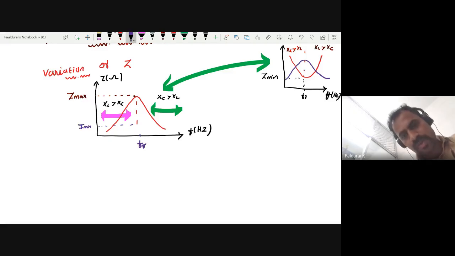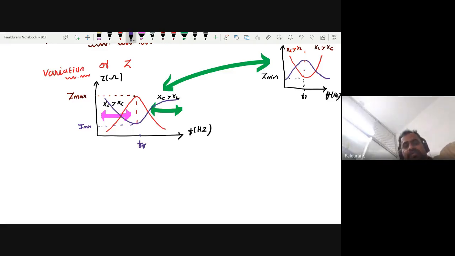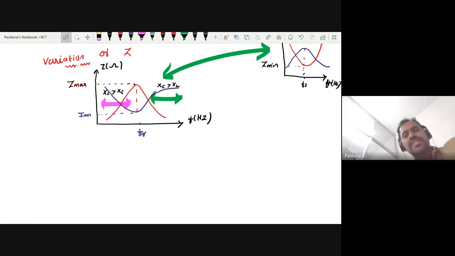So when you draw it, it will look like this. Just reverse, okay? The current curve also. So this is the variation of current for parallel resonance. No more explanation, just from the series resonance circuit it is easy to explain.